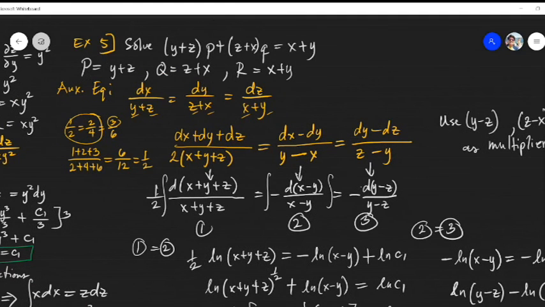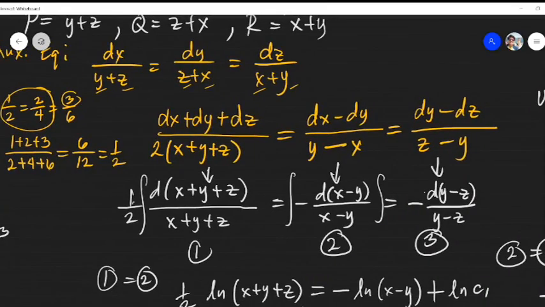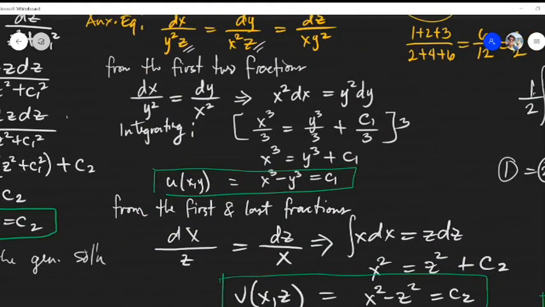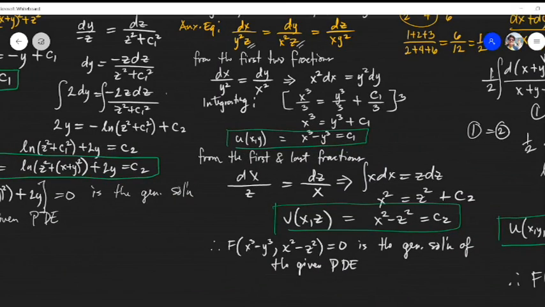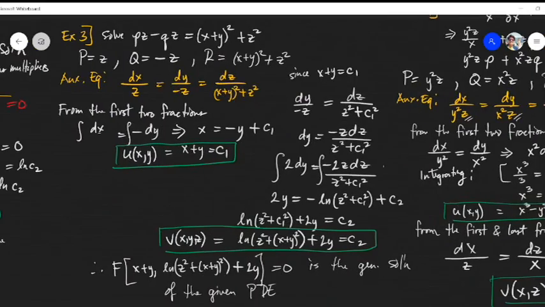And the technique is we must have some pair of the auxiliary equations or their equivalent ratio. And by the way, our technique in the multiplier method is also just equivalent ratio because we operate with multipliers and we add their numerators and their denominators.